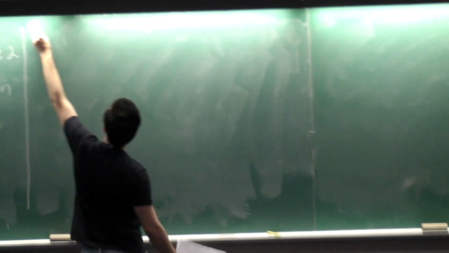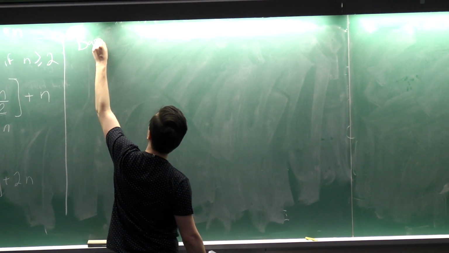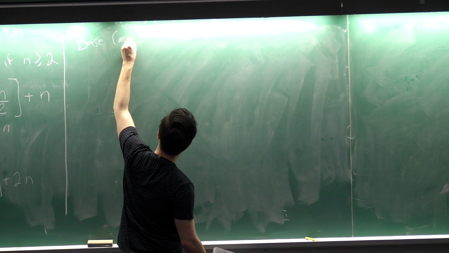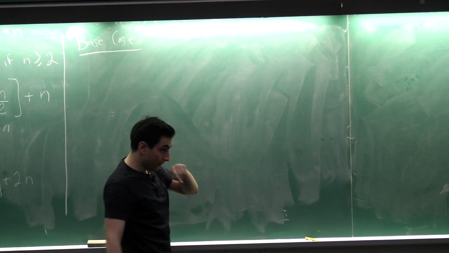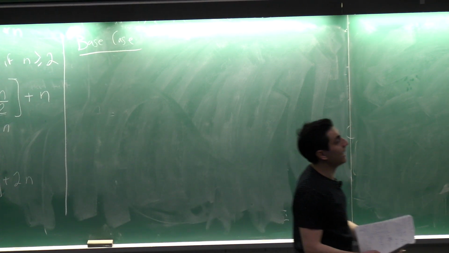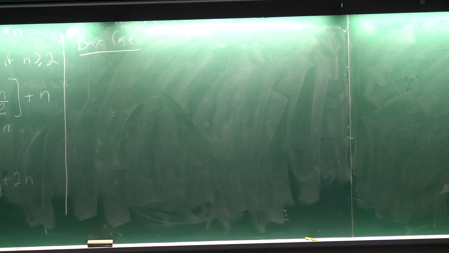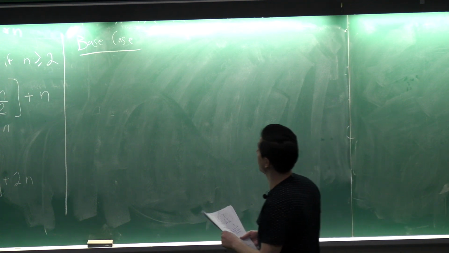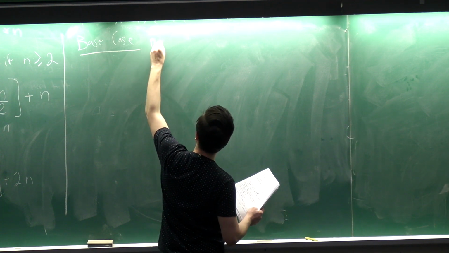So what is the base case? Now, because we assume that n takes this form, our base cases are no longer 0 and 1. Why? Because n cannot be 0. If k is an integer bigger or equal to 0, then the smallest value n can take is 1. So here we just have to care about one base case, which is n equals 1.